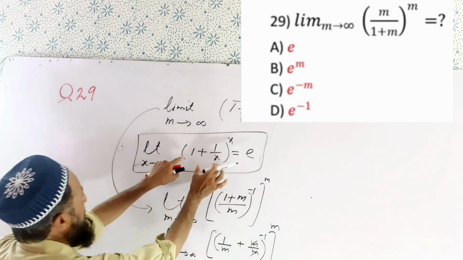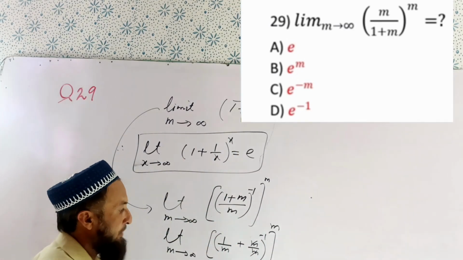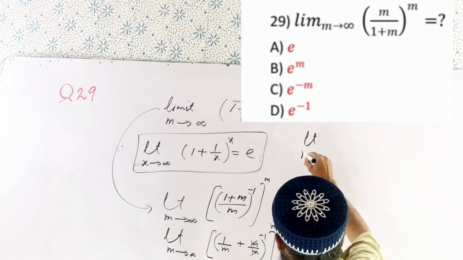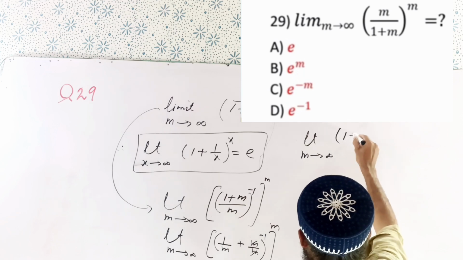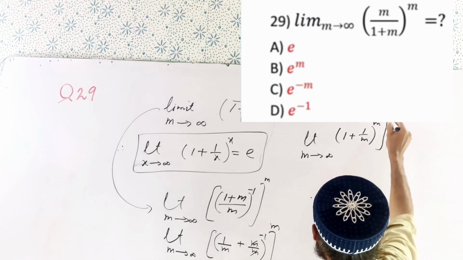Now according to this rule, where x is required, we can also arrange this term: limit m tends to infinity of (1 plus 1 over m) whole power m, and whole power minus 1.